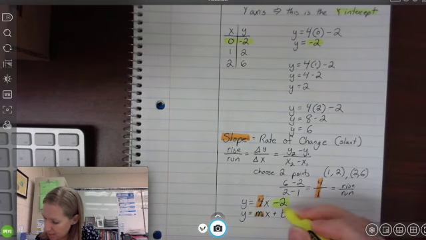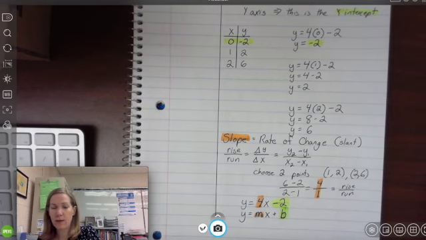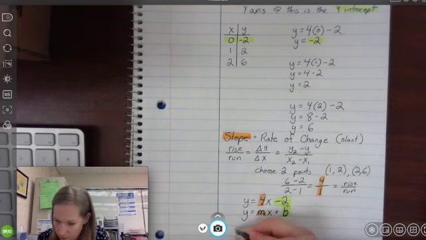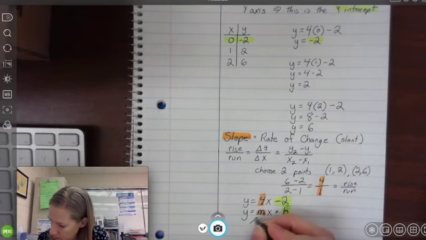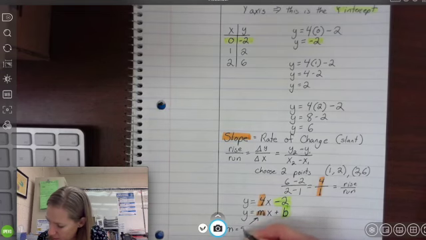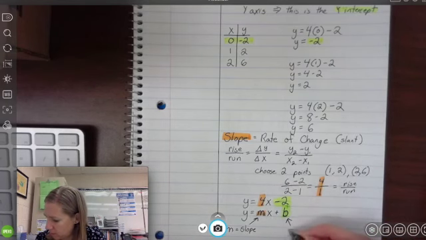Our b in this case is negative 2, so our y-intercept is negative 2. So this one, m equals slope. This one, b equals the y-intercept.